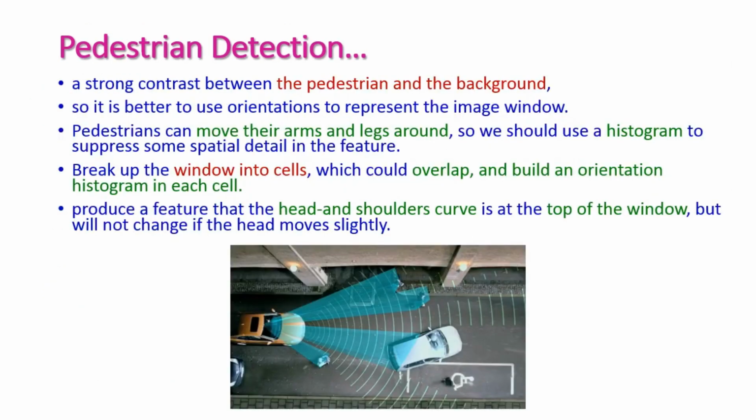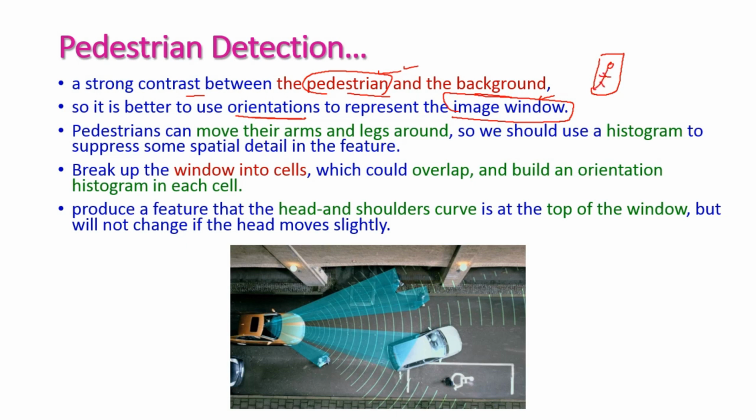There should be a strong contrast between the pedestrian and the background, so that we can easily detect the pedestrians from the background, right? For this we can use orientation to represent the image window, and by using the image window we can detect the pedestrian.